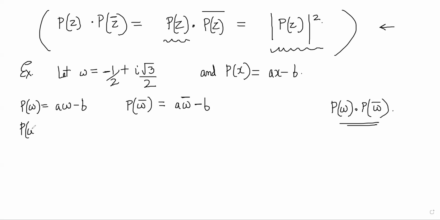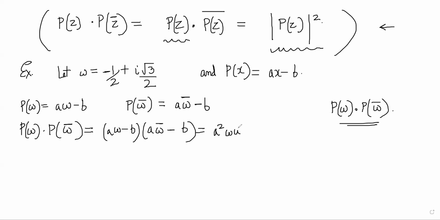When we multiply these two things, we get (aw minus b) times (a w conjugate minus b), which becomes a square w w conjugate, and then we have minus ab w minus ab w conjugate plus b square.